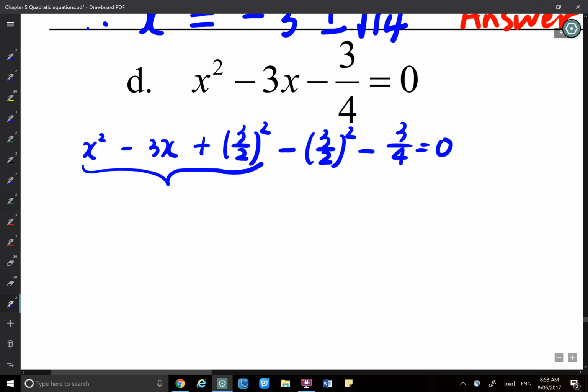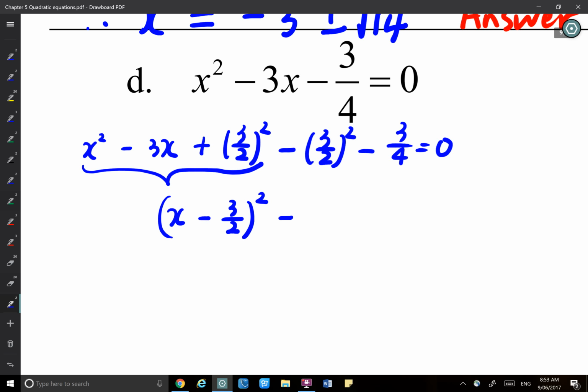Those three terms will give me x minus 3 over 2 squared. Yes, divided by 2 is 3 divided by 2.